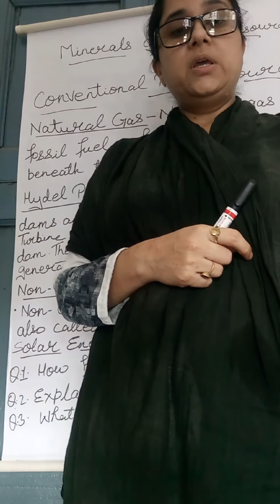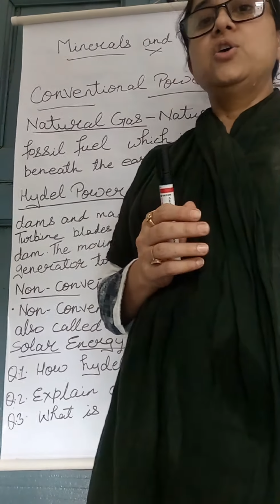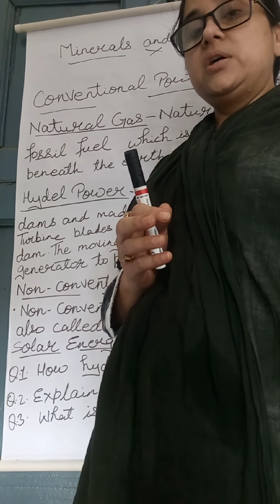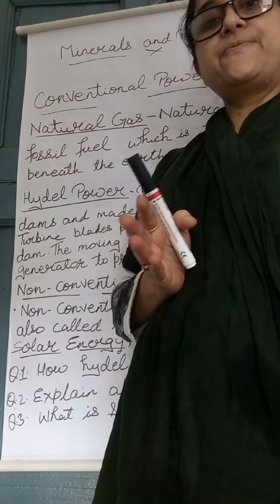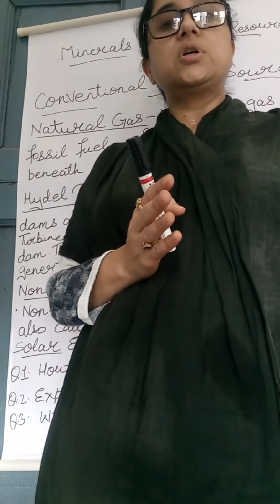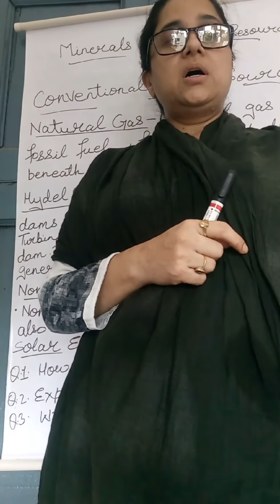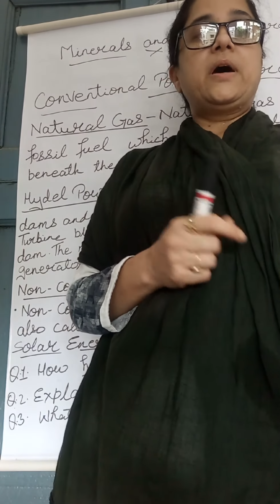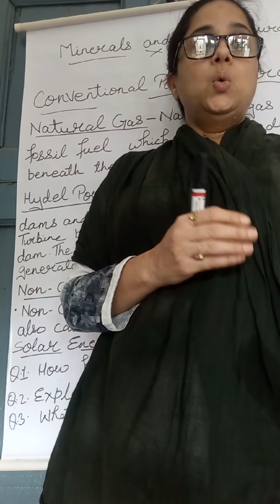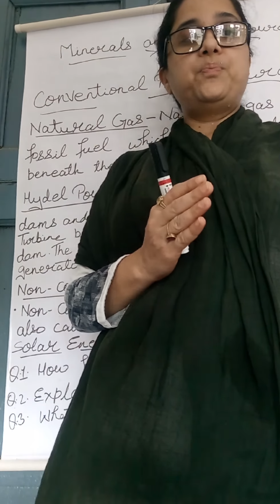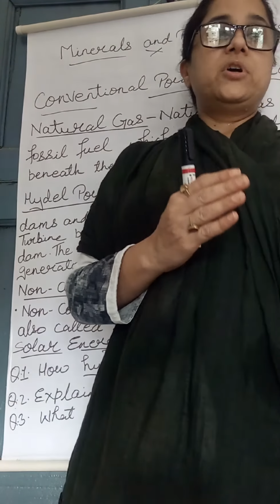Rainfall should be heavy and uniformly distributed throughout the year, so that water is filled and they can use that water the whole year. North America, Europe and Japan have about 1/3 of the total hydroelectricity power production.